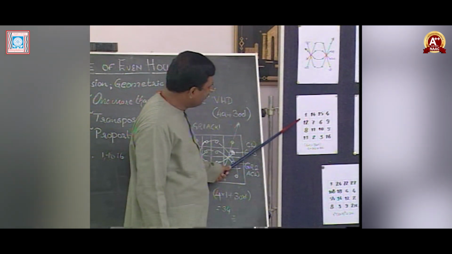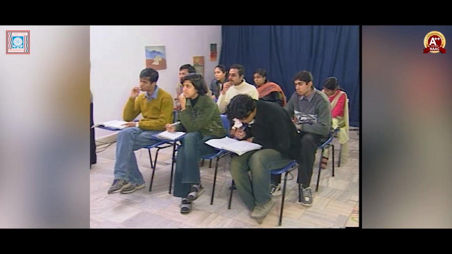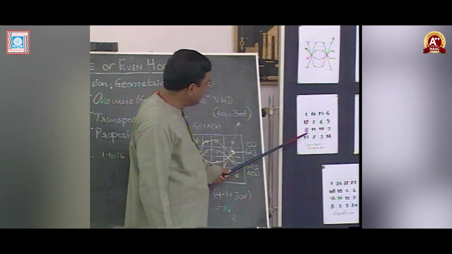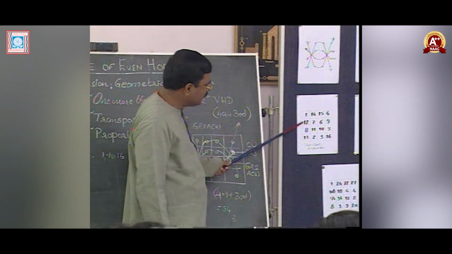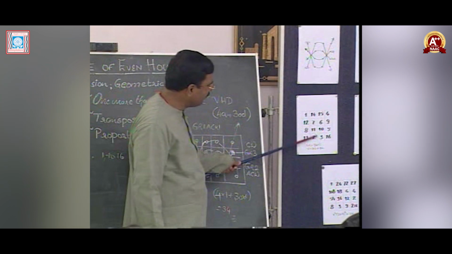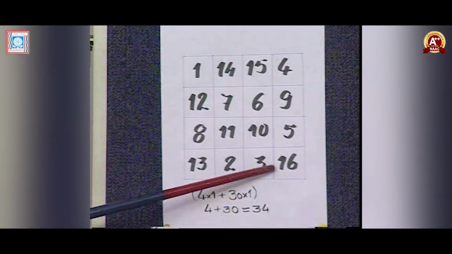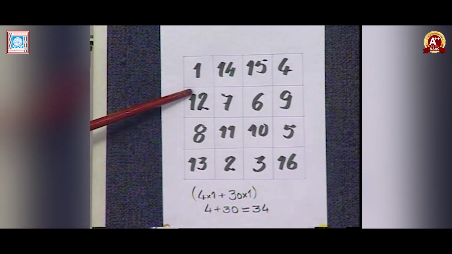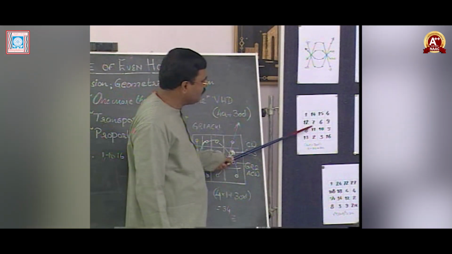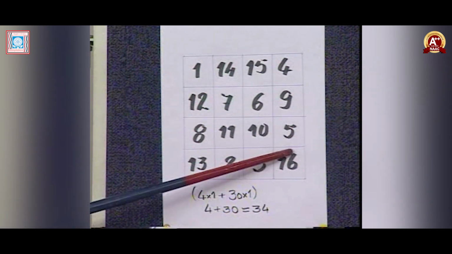We are getting results horizontally, vertically, diagonally. In spite of that, the first left top, right top, left bottom, right bottom, the middle 2 terms of the first row and the last row, second row and third row of the first column, and of the last column.